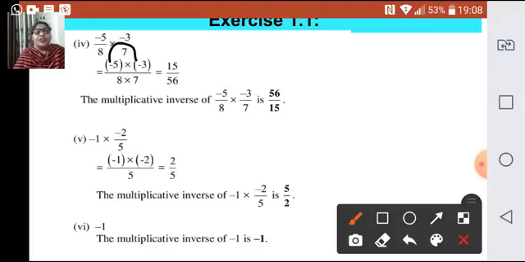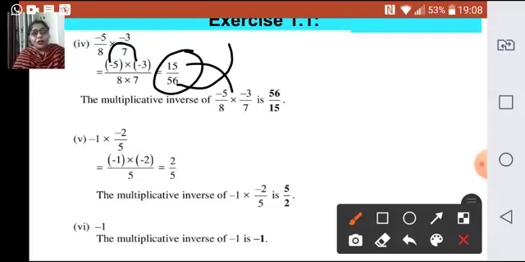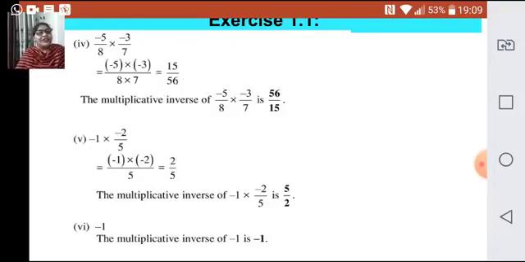So 15 upon 8 sevens are 56, children. So 15 upon 56 is the simplified form of the question given to us. Now the multiplicative inverse of this: the denominator will go to the numerator, and the numerator will go to the denominator. That means 56 upon 15. I hope this is clear.